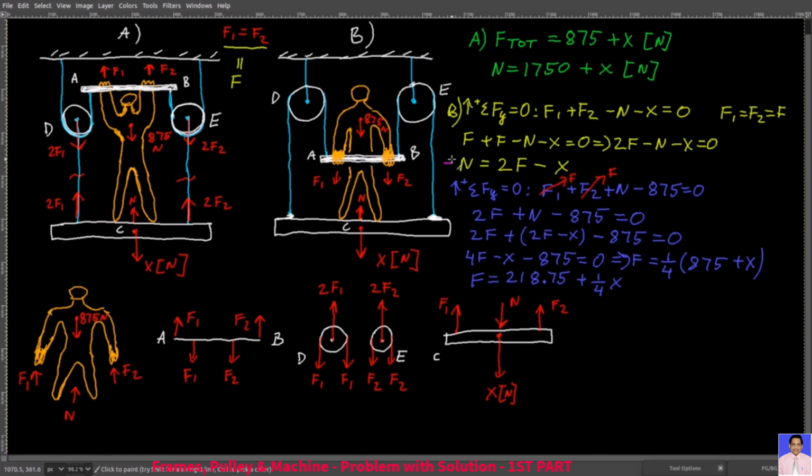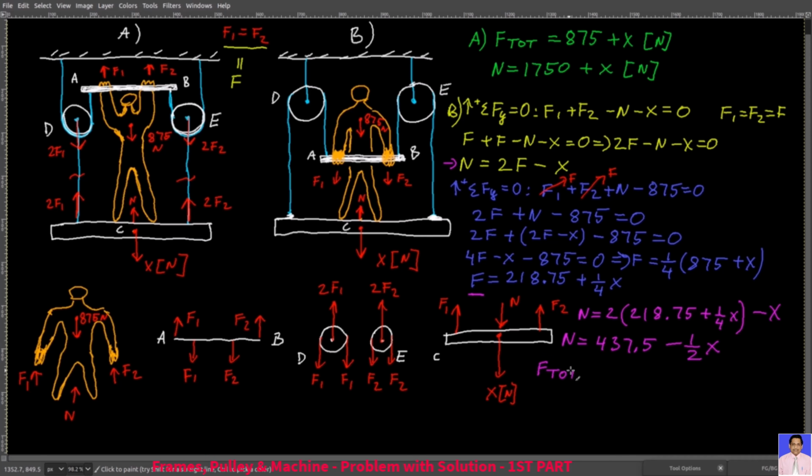Then remember, this is your normal force, and now you have your F, so your normal force equals 2 times your force minus X. So N equals 437.5 minus 1/2 times X. And now this F here was a force applied by one hand.